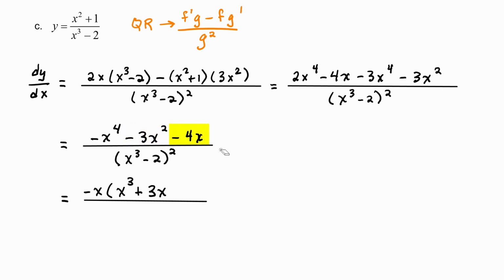And from this last term, once again, we've already factored out the negative, so this becomes plus 4. In the denominator, we still have the quantity x cubed minus 2 squared. Now this, dy dx equals this quantity, is the derivative form.